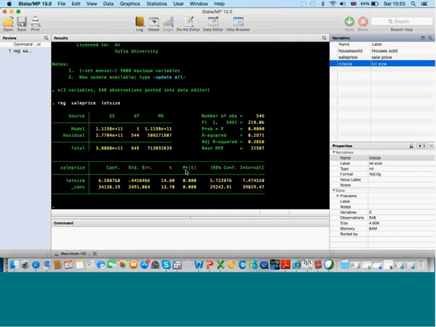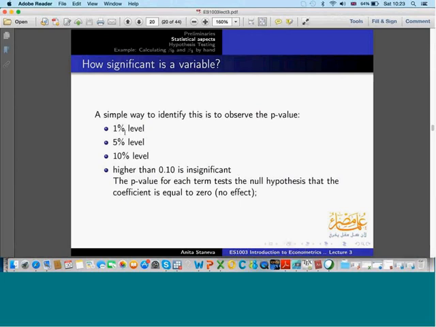So a simple way to identify the significance of your estimated beta is to look at the p-value, and we always compare with the critical p-values at 1%, 5%, or 10% significance level. This is your choice as a researcher. You decide whether you compare your coefficient at a specific significance level.